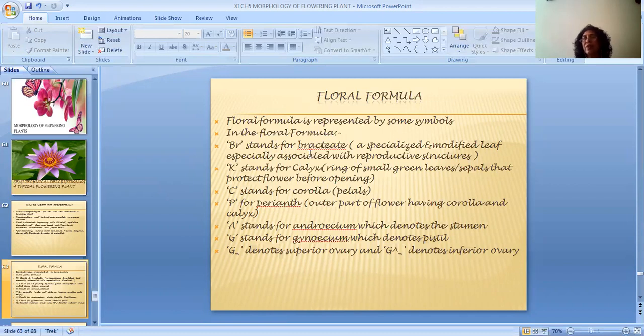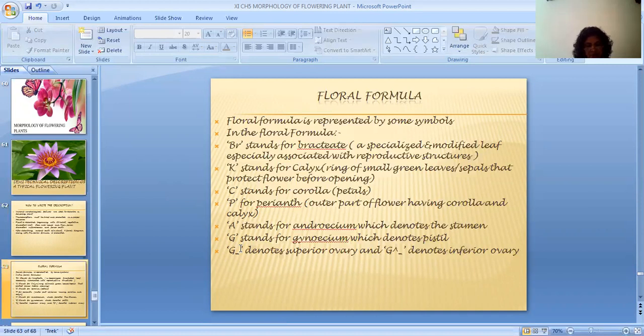Bracts are small leaf-like structures at the base of the pedicel. Then K stands for calyx, C for corolla, that is the petals, P for perianth, A for androecium, and G for gynoecium. If we put a line below the G, then it shows that it is a superior ovary. But if a line is put above the G, then it indicates inferior ovary.